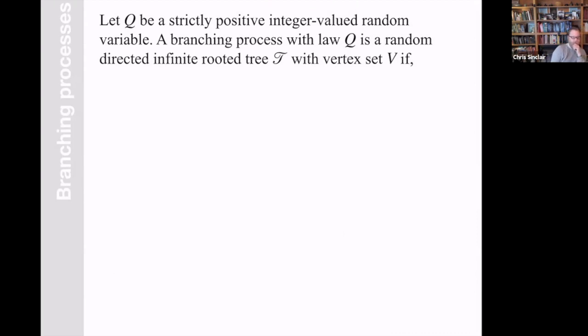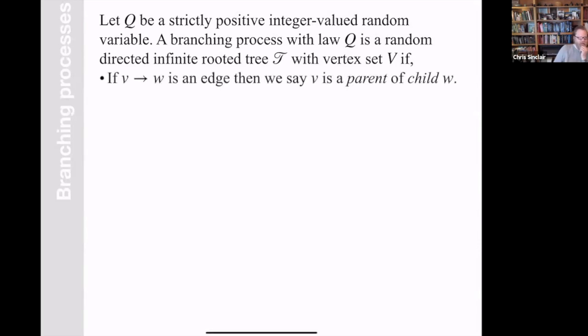And I'm going to define a branching process with log Q. And what I want to do is come up with a random directed infinite rooted tree T. It will have vertices V, right? I'm going to write, if there is an edge from V to W, right, then I'm going to say that V is a parent of the child W. So I could either say V is the parent of W or W is the child of V.